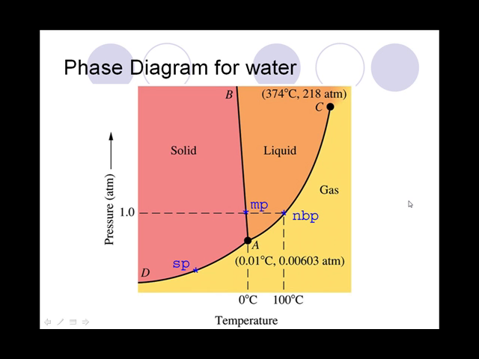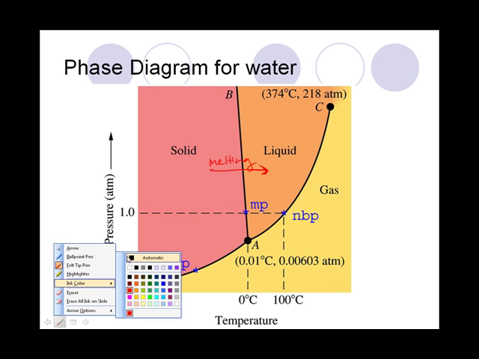This is a phase diagram for water. When solid turns into a liquid, we call it melting. You can't see that very well, so I'm going to change that ink color to black.